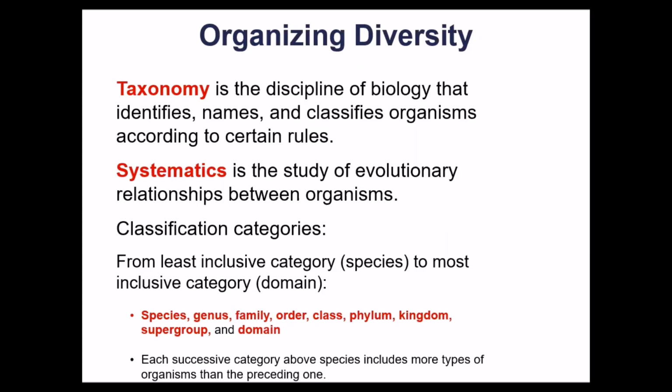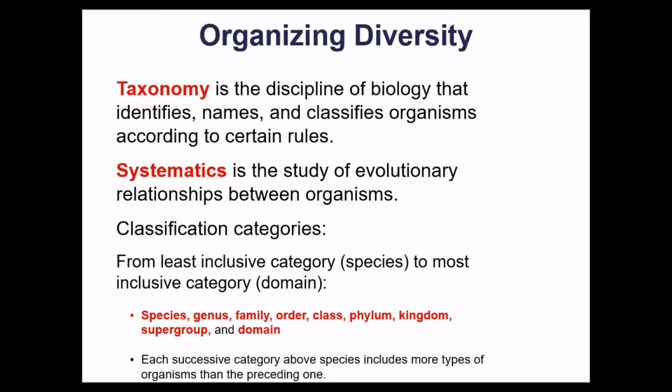The study of all that, there's a whole area of biology whose job is to identify, classify, categorize, and name species and organisms, and that is called taxonomy. So that's a big area of work. Not everything has been named. Not everything has a correct name.